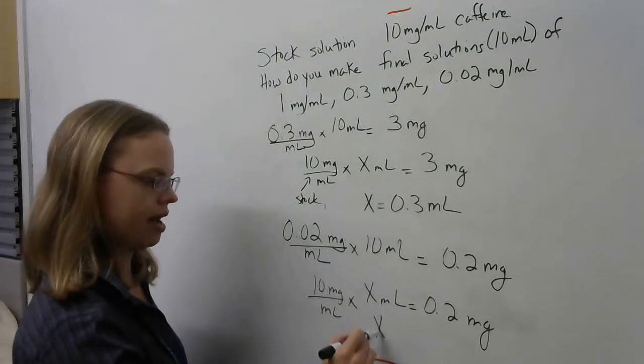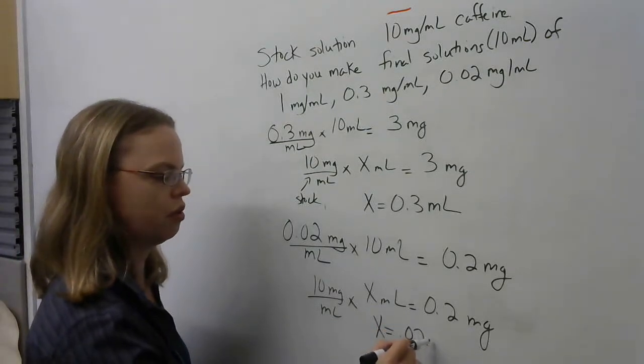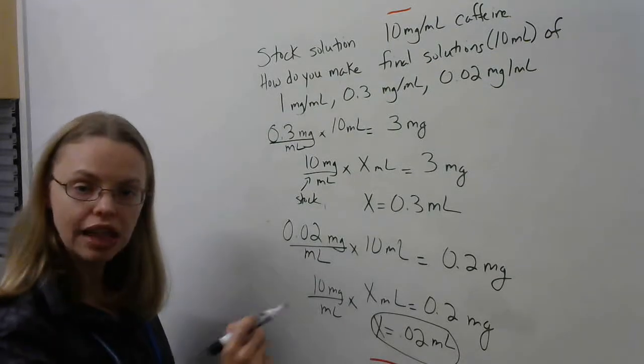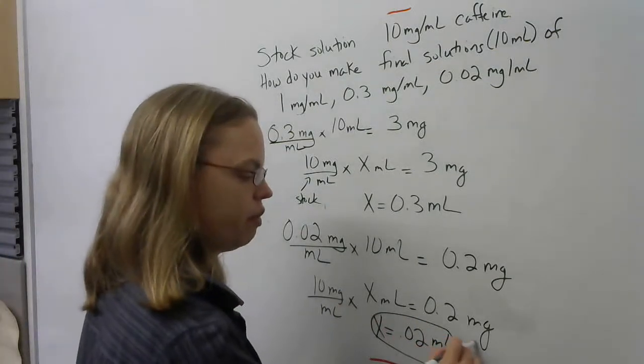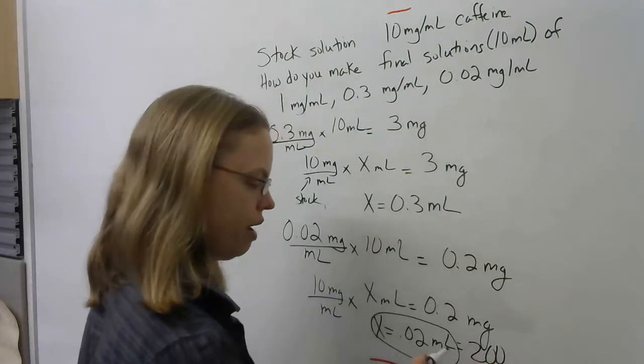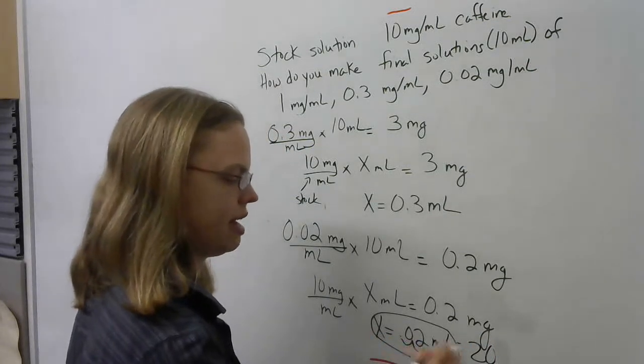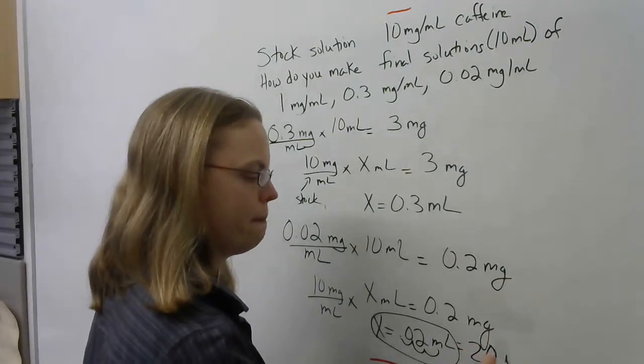So X is going to be equal to 0.02 milliliters. That's fine. In our lab, this is also equal to 20 microliters. I moved the decimal place 3 times.